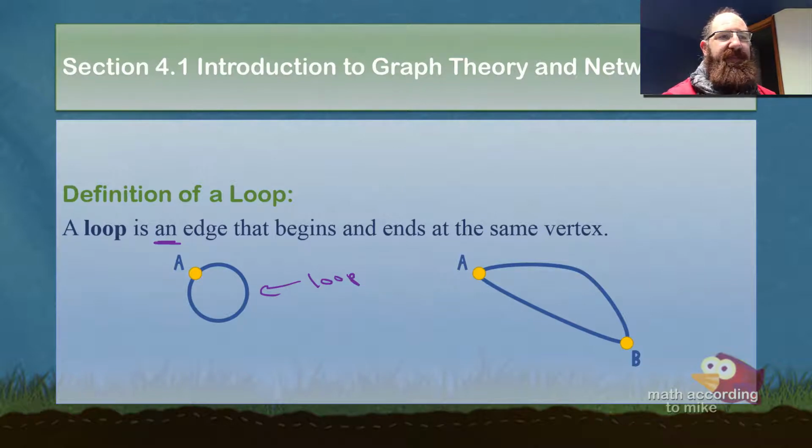However, in this graph we saw before, we have A going to B, B going back to A. Notice that took 2 edges, so this is not a loop. A loop can only be 1 edge. So keep in mind, because this is going to be a problem later, a loop is 1 edge. Always, always, always.